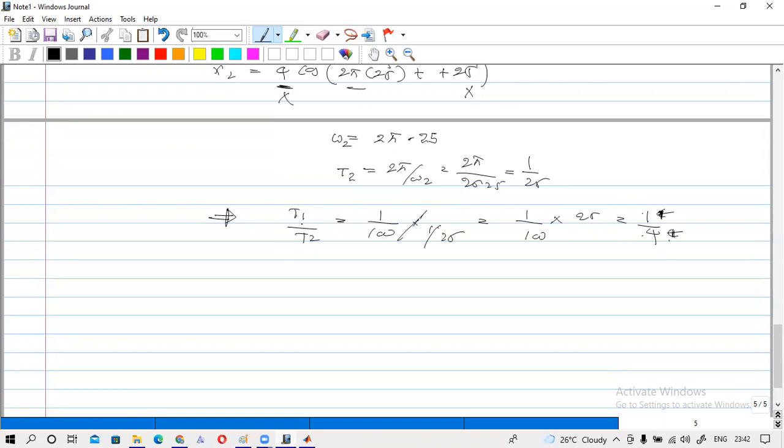We can see that this is a periodic signal. Okay, so that is the first point.